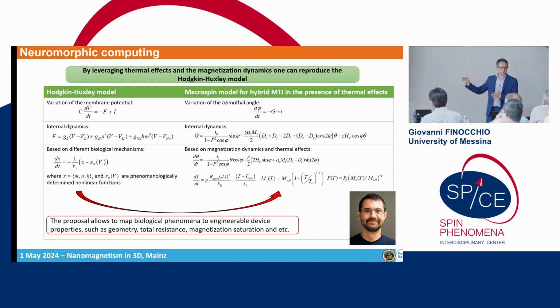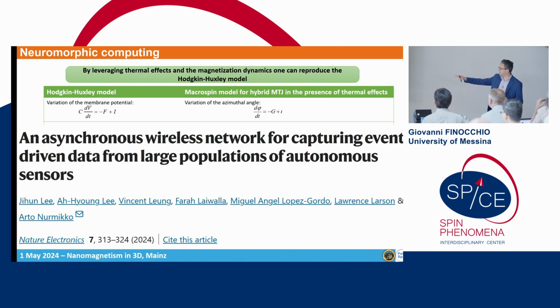You can say that this is just theory, but of course we already have this. We found this also experimentally, and we are now writing the paper where we combine this MTJ in real hardware. These are for neurons, but of course this idea of spiking is not only applicable to neurons. I think one of the very promising directions is the use of this technology for IoT.